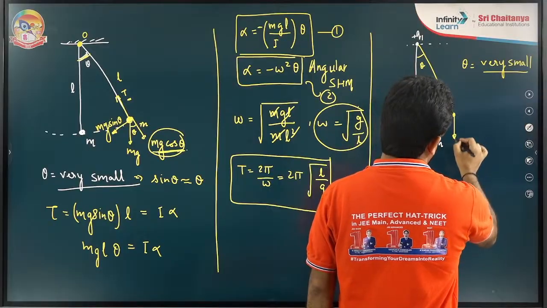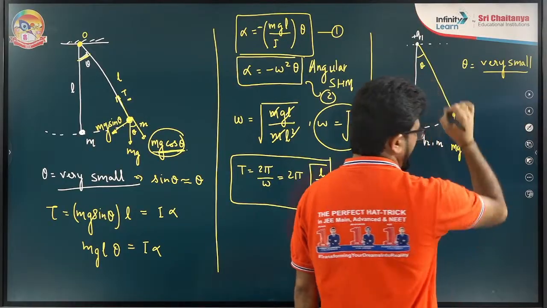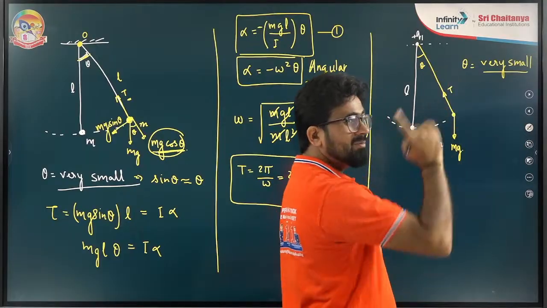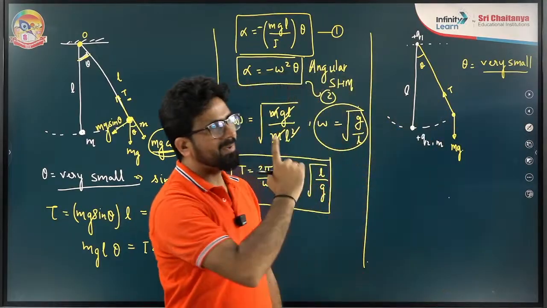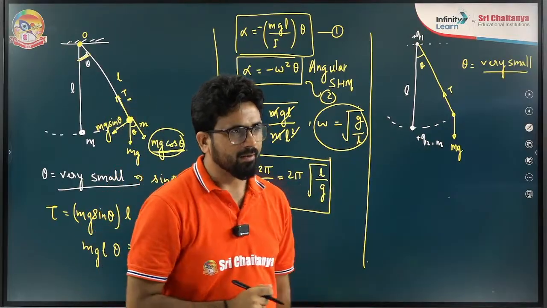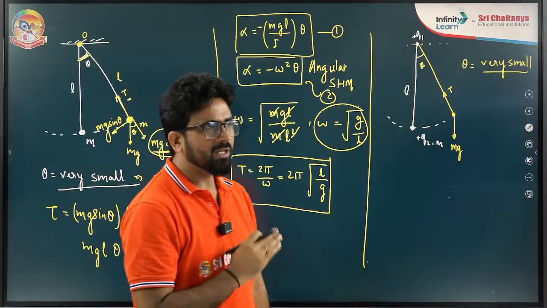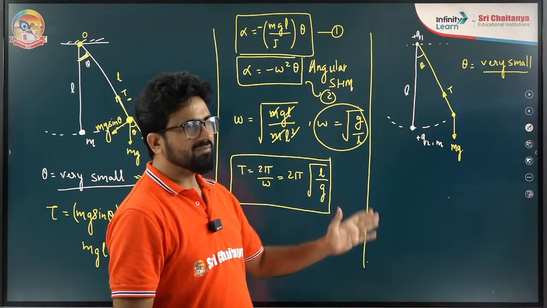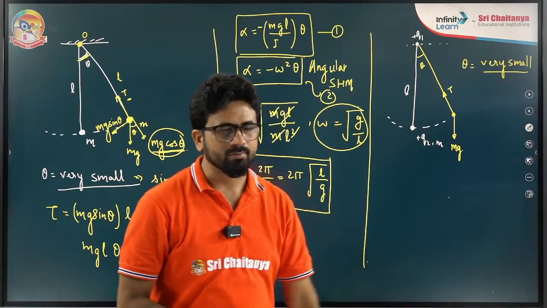One force is directly vertically downward, mg. One force would be tension. One more force is acting. Can you tell me what is the third force acting here? One is mg, one is tension. What is the third force?